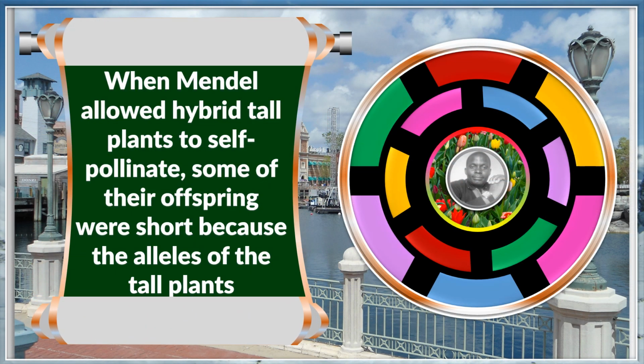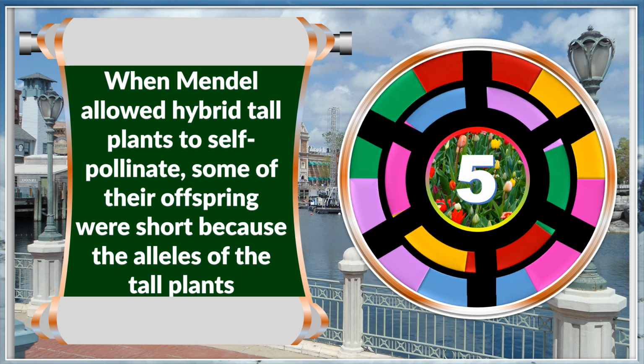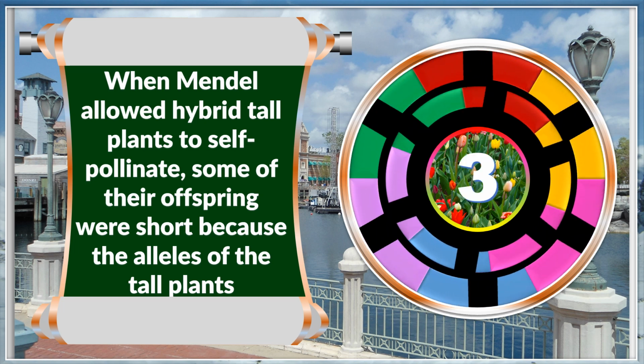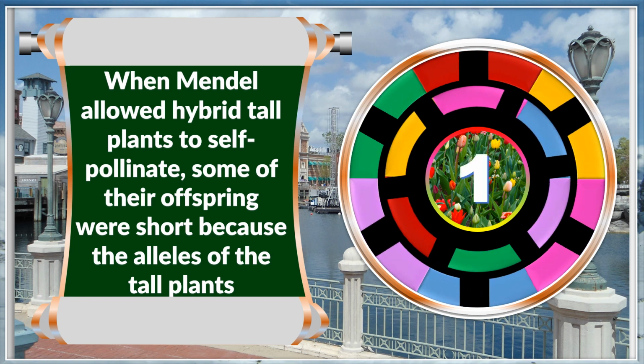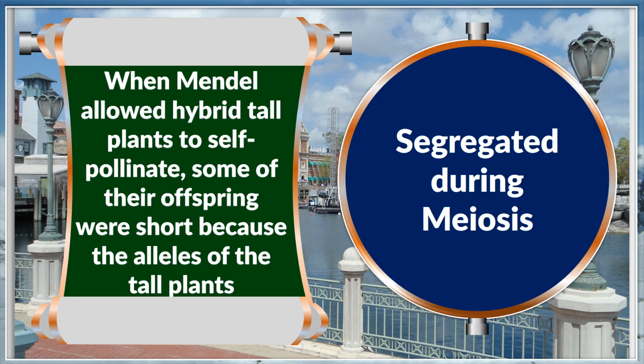When Mendel allowed hybrid tall plants to self-pollinate, some of their offsprings were short because the allele of the tall plants segregated during meiosis.